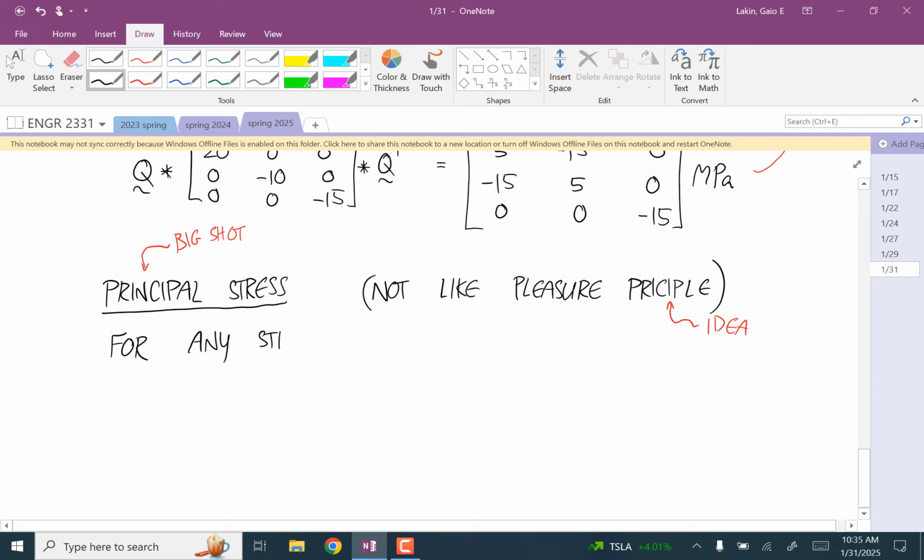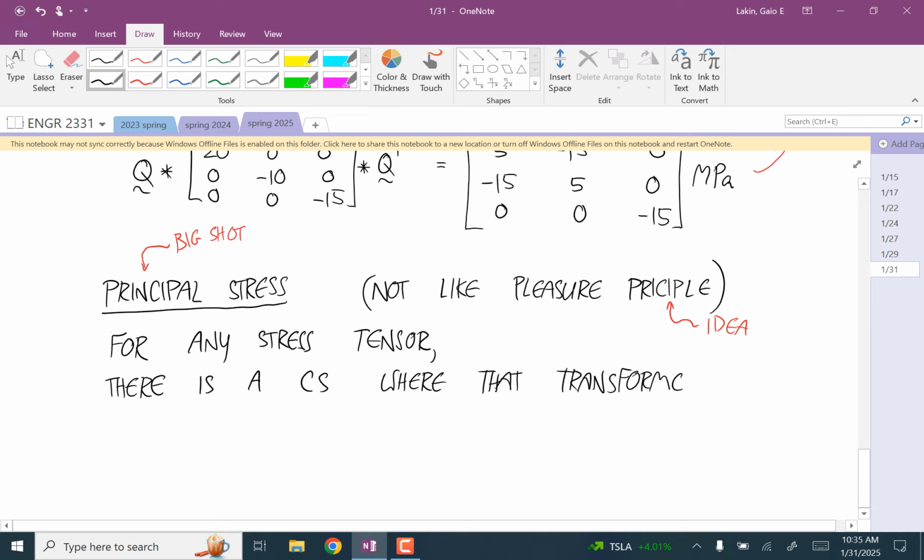For any stress tensor, come up with any stress tensor, there is a coordinate system where that transformed stress has only normal elements.